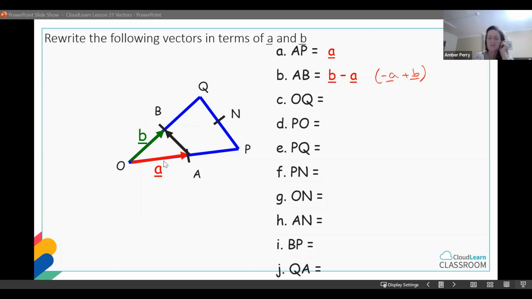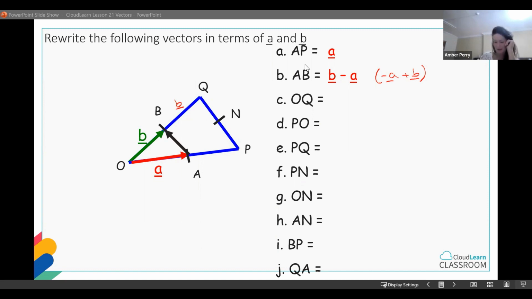OQ then. Okay. So we already talked about how BQ is B. And so what would O to Q be? I think this one you gave me earlier, the answer. If I wanted to go from O to Q, brilliant. Yes. Well done.